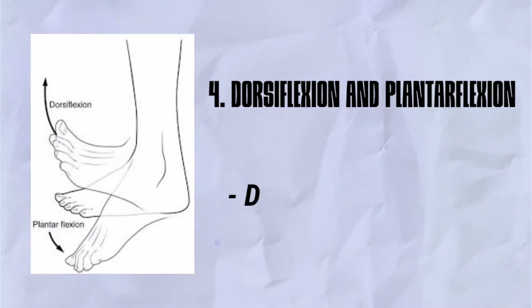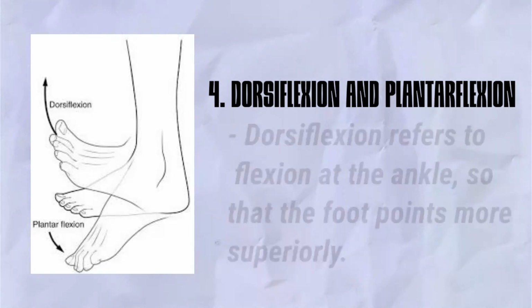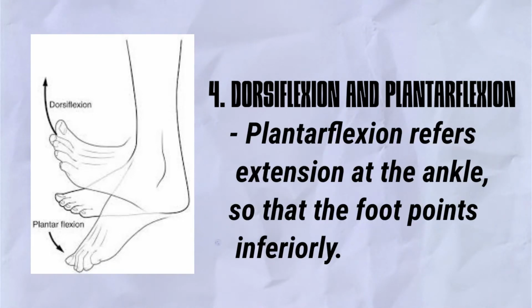The fourth movements are dorsiflexion and plantar flexion. Dorsiflexion refers to flexion at the ankle so that the foot points more superiorly, while plantar flexion refers to extension at the ankle so that the foot points inferiorly.